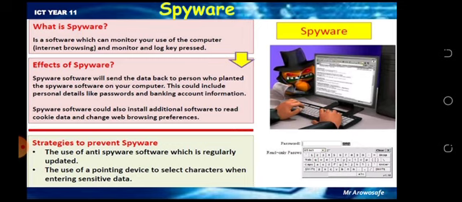Now, what are the effects? Spyware software will send the data back to the person who planted the spyware on your computer. This could include personal details like passwords and banking account information. The person that has planted this software will get feedback from the user.